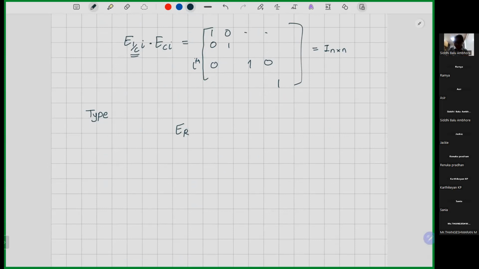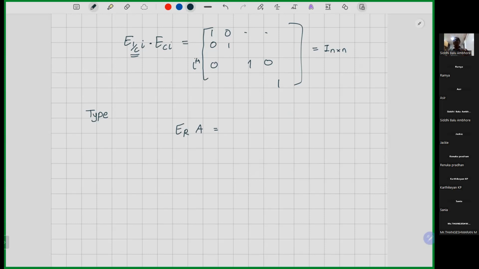So when I multiply this E_R with A, what it does is it applies that operation R on matrix A. Okay, so please understand that. If R is some interchanging of rows, it will interchange the ith and jth row of A. If I obtained this E_R by multiplying some scalar to the ith row, then it will multiply that same number to the ith row of matrix A.